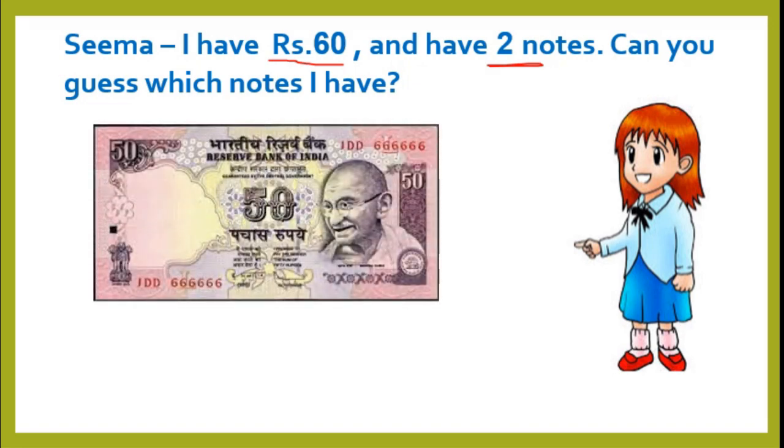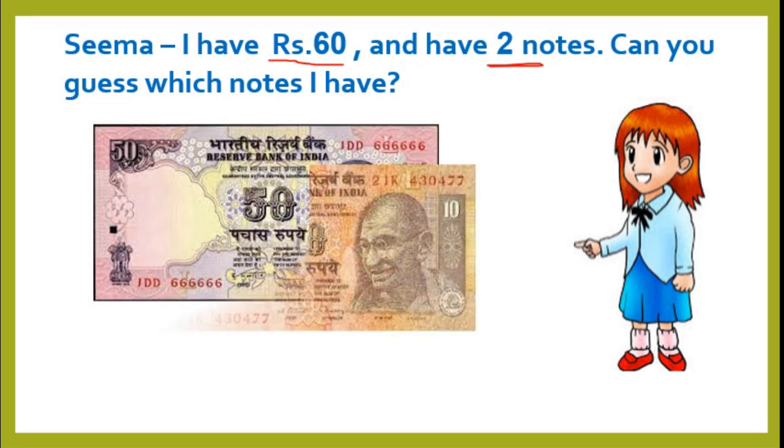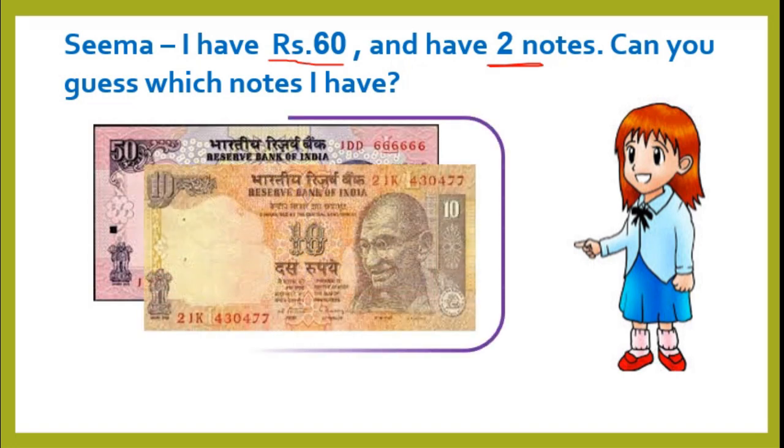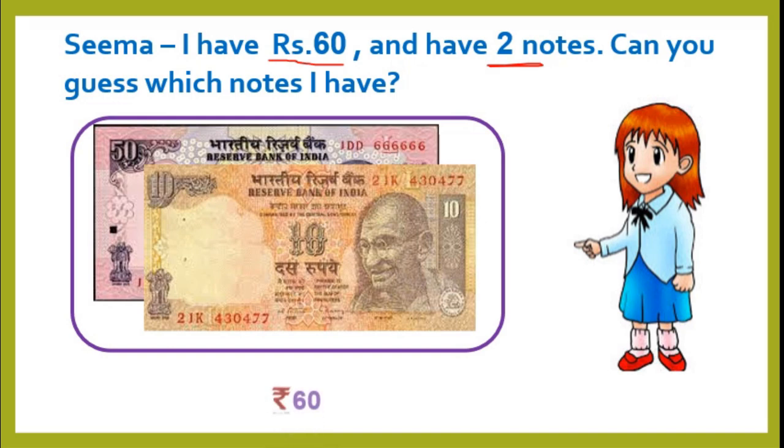50 rupees 1 note. Okay. And 10 rupees 1 note. Yes, this became rupees 60. Now if we take 20 rupees, then what will happen? 20 rupees 1 note, 20 rupees 2 notes and 20 rupees 3 notes it became, correct?